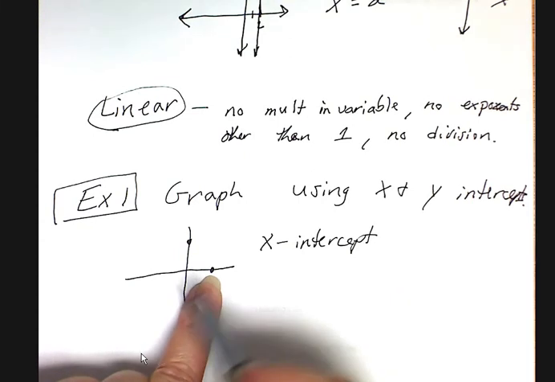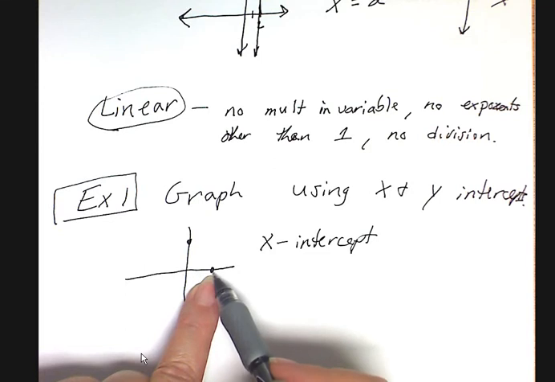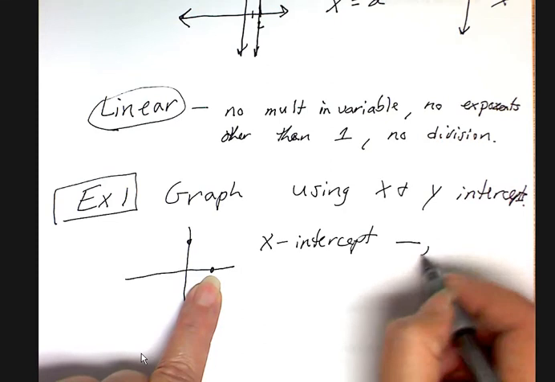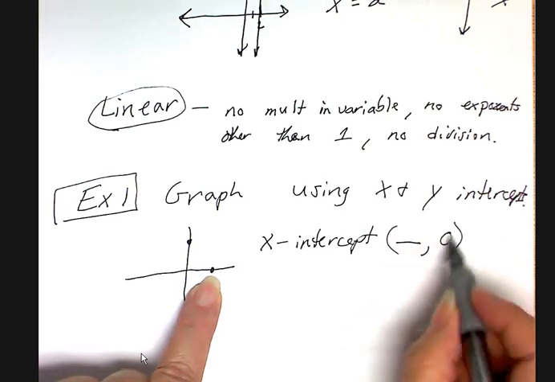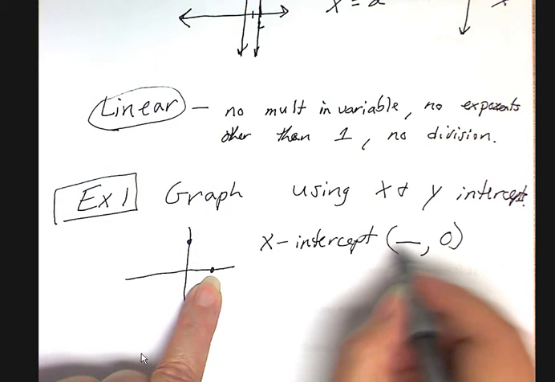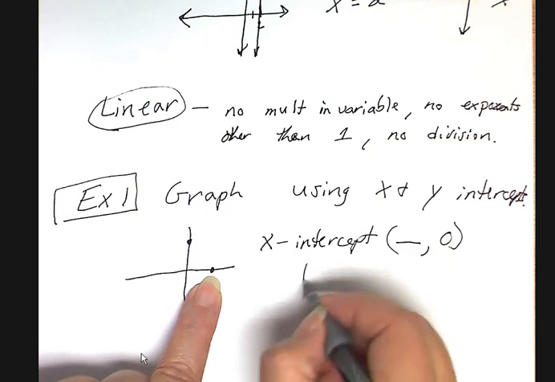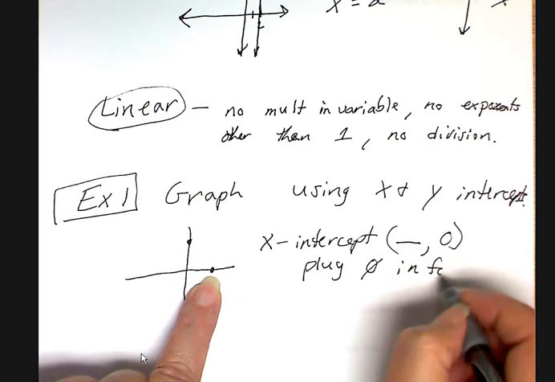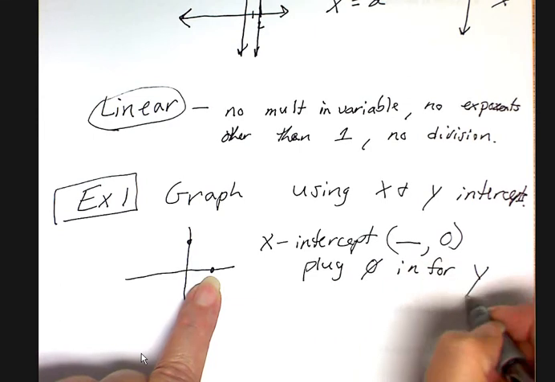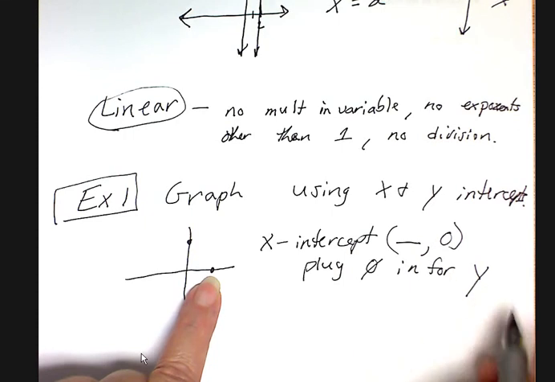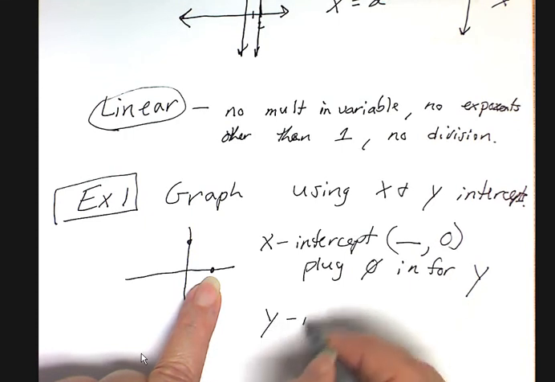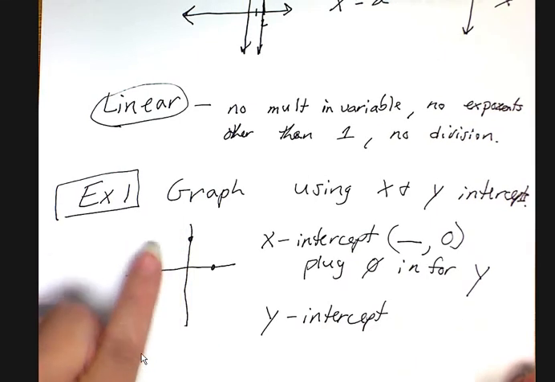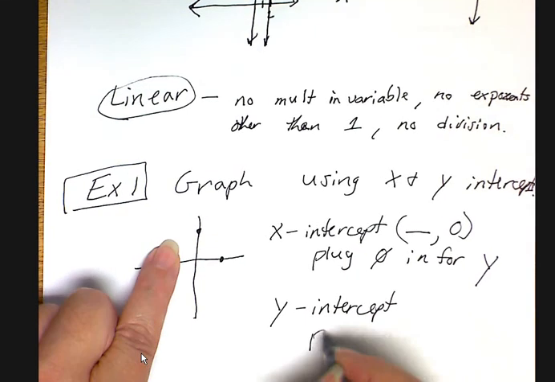So it could be 3, 0, right? So it's going to be some number, and hopefully you guys realize it's going to be some number, comma 0. So what you have to do to find your x-intercept is you plug 0 in for y. For your y-intercepts, where are you going to plug 0 in for? Oh, there you go.